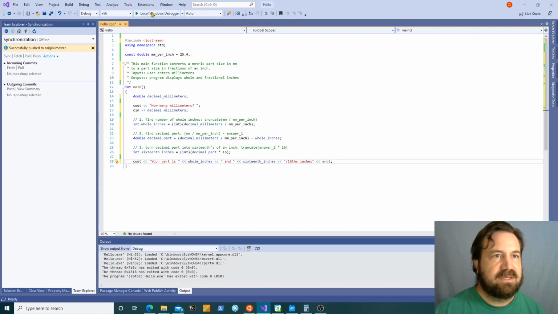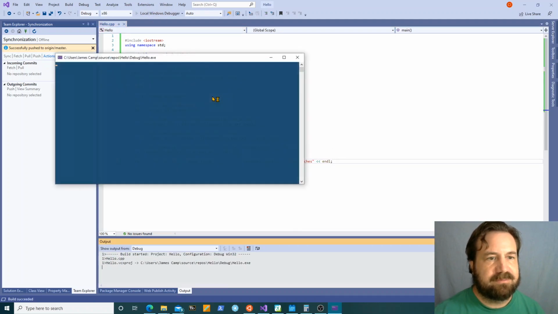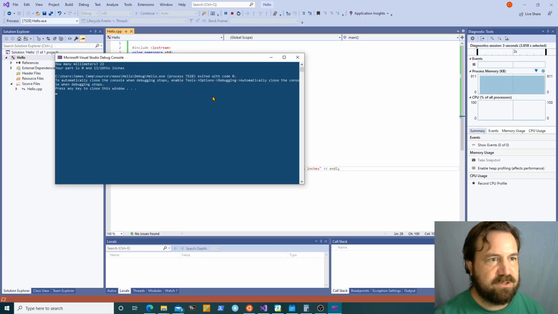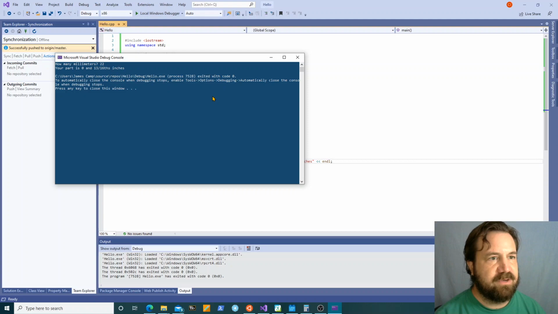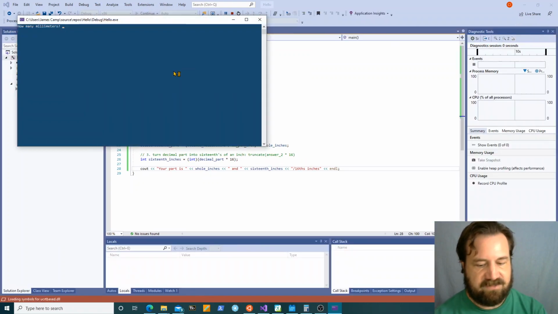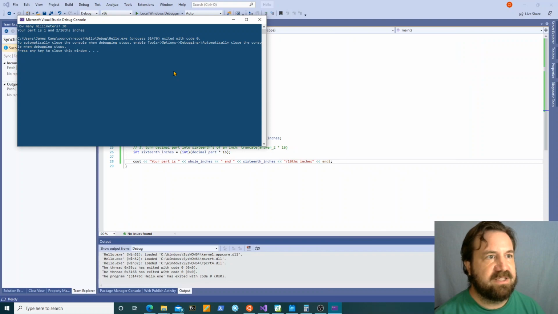Okay, so if I run this program, how many millimeters? Let's say 22. Your part is 0 and 13/16 inches because 22 is not a whole inch yet. Okay, let's say we have 30 millimeters, 1 and 2/16 inches.